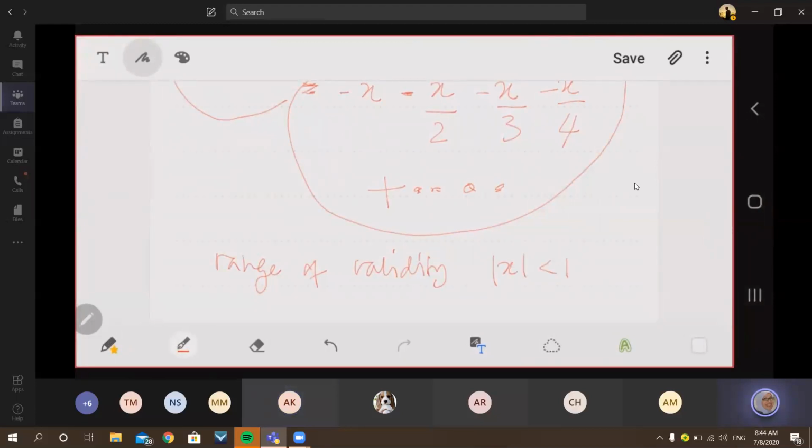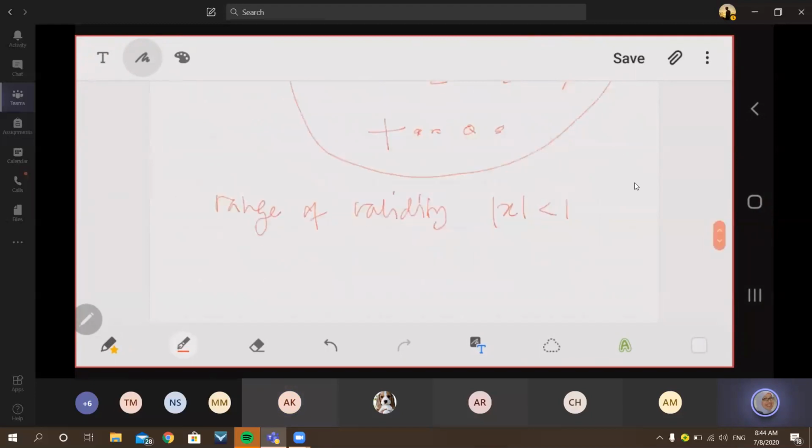So if the modulus of x is less than 1, x is, can you have minus 1? Less than or equal to 1. Sorry.